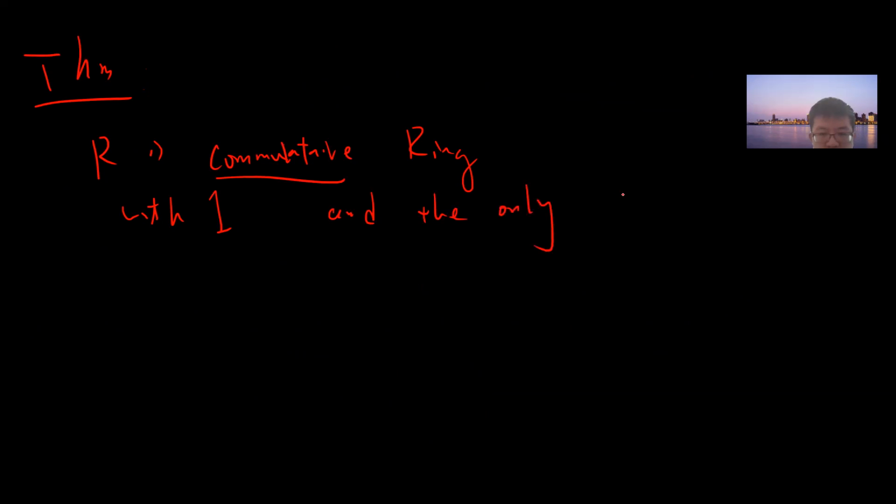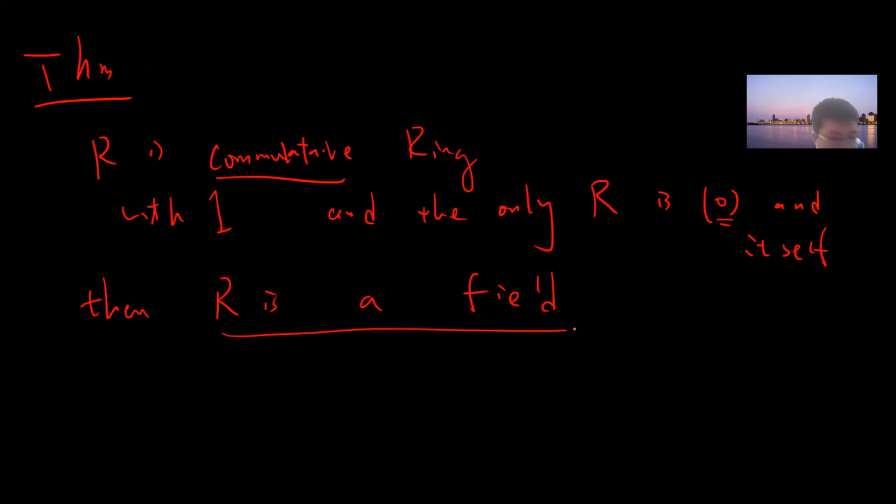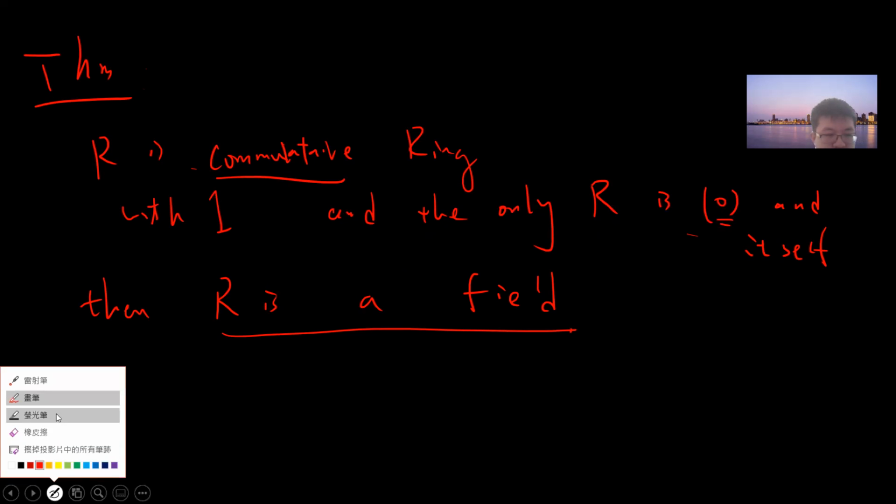If the only ideals of the ring are zero and R itself, (by the way, this zero is just the zero ideal, so there's only one element), then R is a field. So that shows our guess, right? Because if the only non-trivial ideal is R itself, then it must become a field.